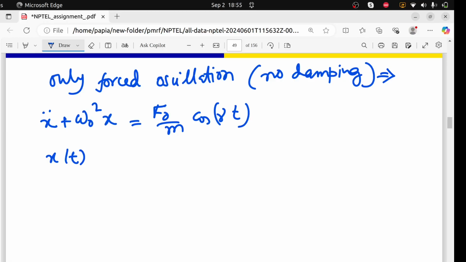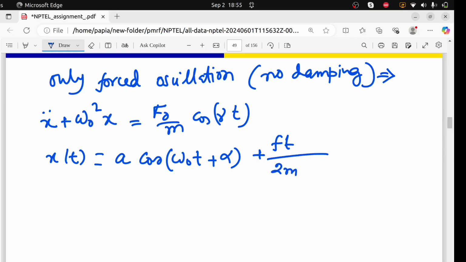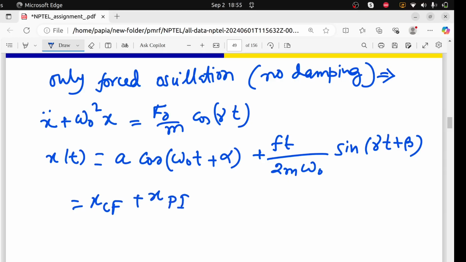Okay, so it will be A cos(omega 0 t plus alpha) plus (F t by 2m omega 0) sin(gamma t plus beta). So this was the case, and I can write it like x_CF plus x_PI.